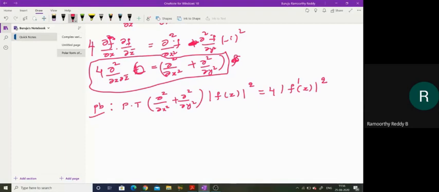Now from above, dou square by dou x square plus dou square by dou y square of f is 4 times dou square f by dou z dou z bar, right? It is clear. These two are the same, right? Since, I'll take another.